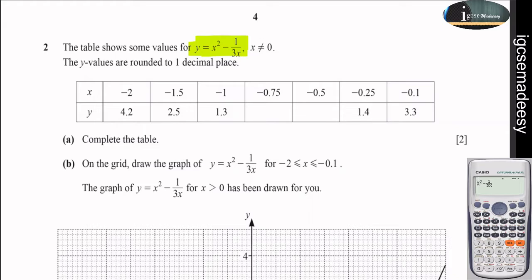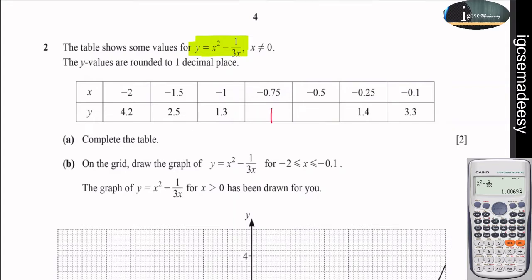Now, without pressing any equal to sign or answer key anywhere, just press the calc key. The calculator will ask you the value of x. You will put the value of x as minus 0.75, the value that we need to find. If you press equal to, you will get the answer. So it's 1.000. I will write 1 as a value.